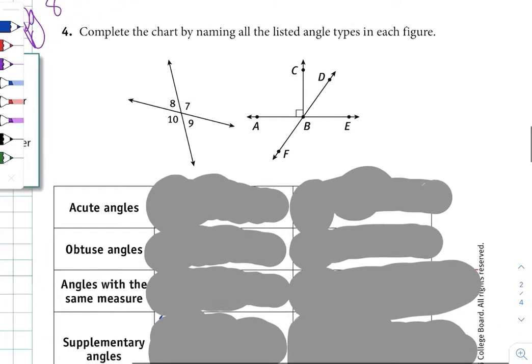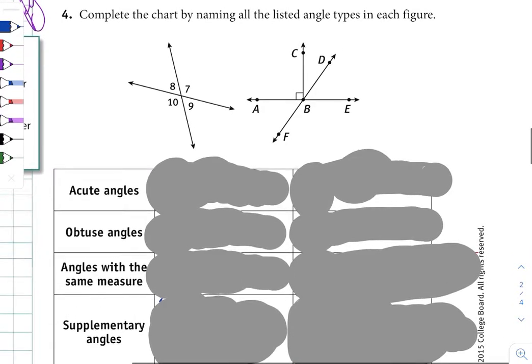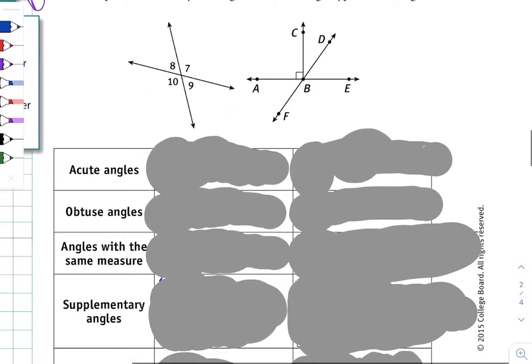All right, so what they want us to do here is fill out this chart naming angles that meet the requirements on the left, like acute, obtuse, and so forth. So let's do this first diagram, and that's going to happen in this first column. Acute angles are any that are between 0 and 90.